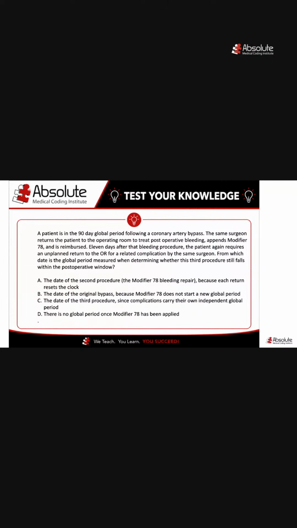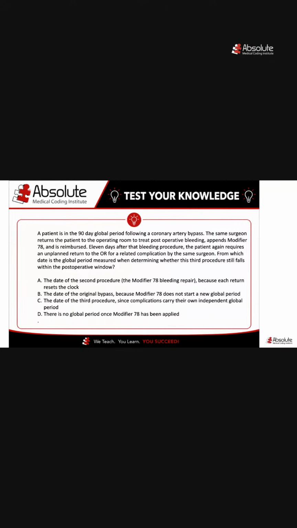From which date is the global period measured when determining whether this third procedure still falls within the postoperative period? Is it A, the date of the second procedure, because each return resets the clock?